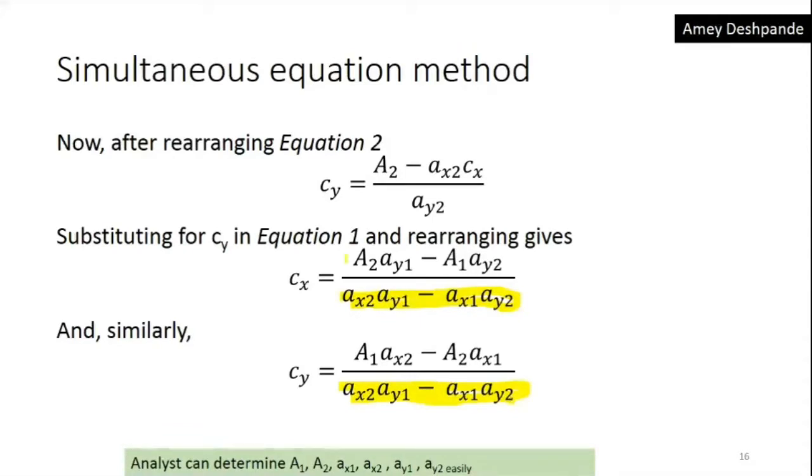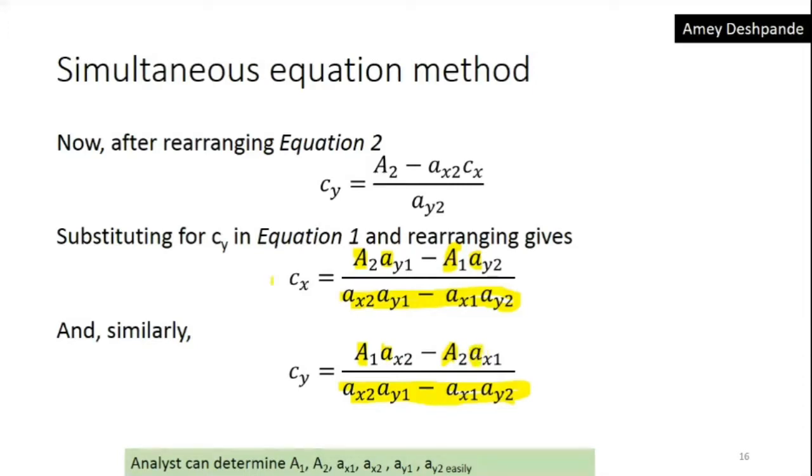In the numerator also, these terms are the same. That is capital A followed by small a. Capital A followed by small a. So this is again common in both the equations.